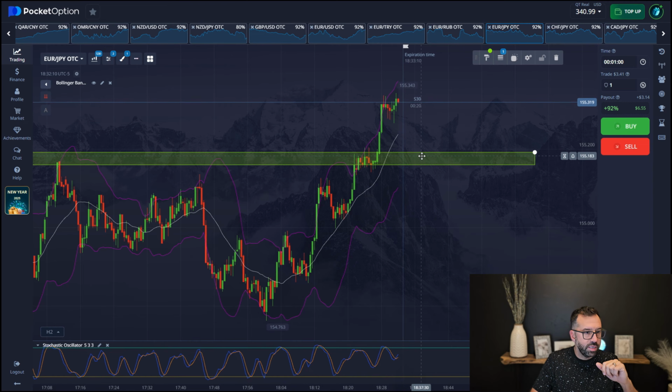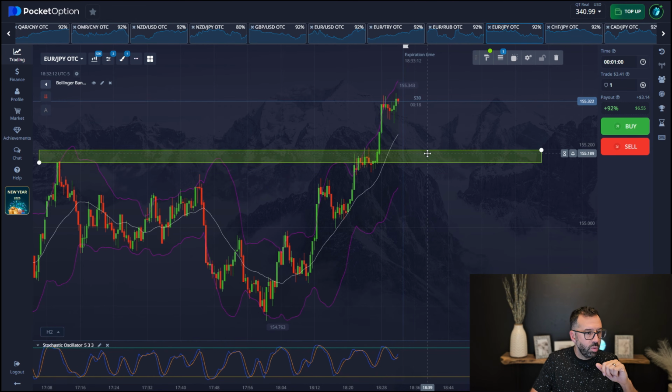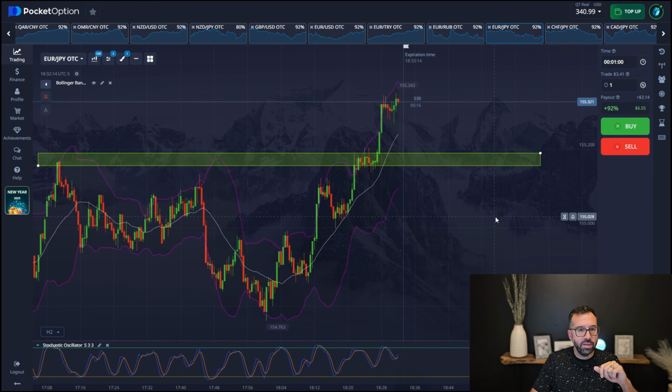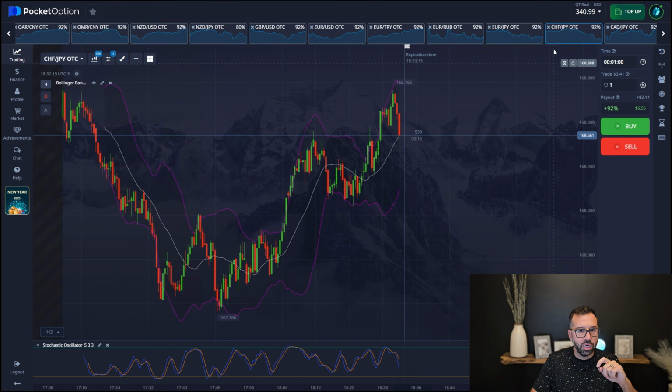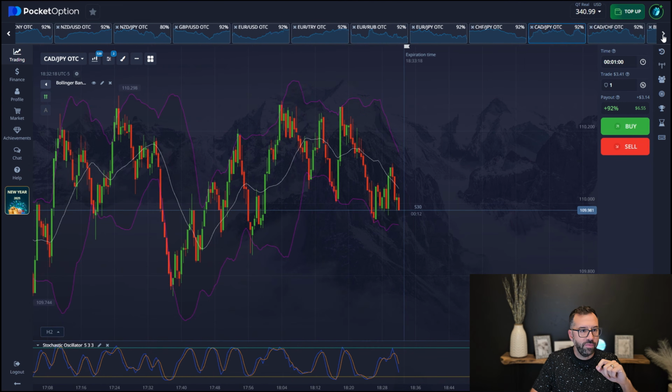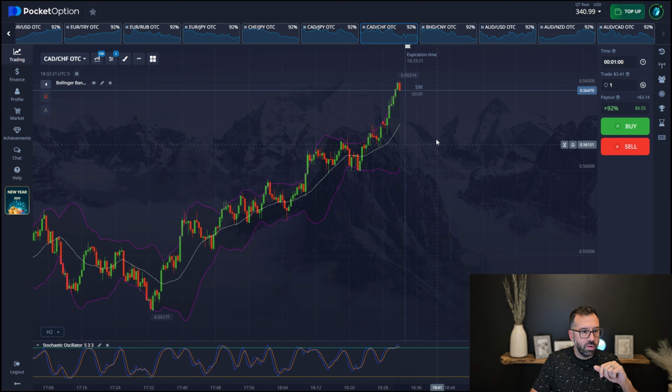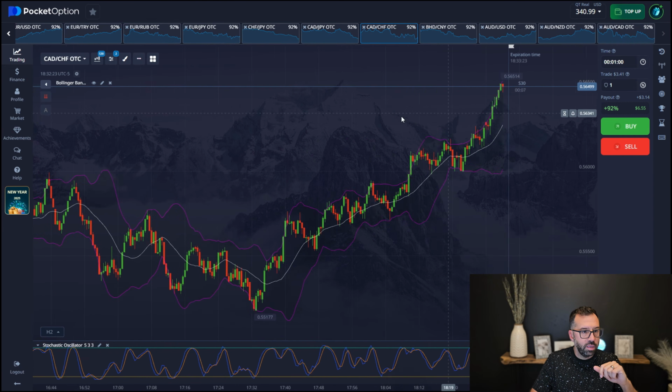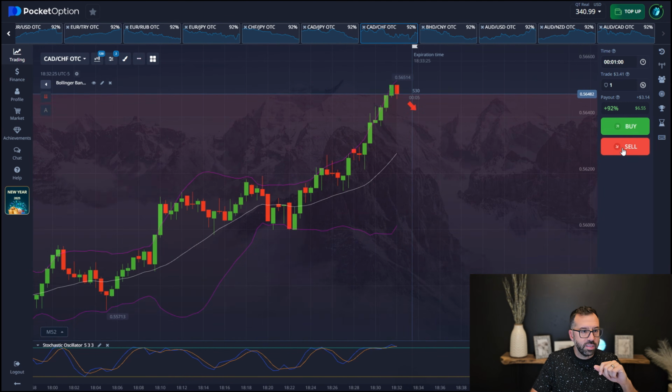So we hit this zone and we will want to buy in if it comes back down to this zone. So let's just keep going while we keep looking along here, so I can find a few more. All right, way over, way over, way over. Let's give this a sell down.